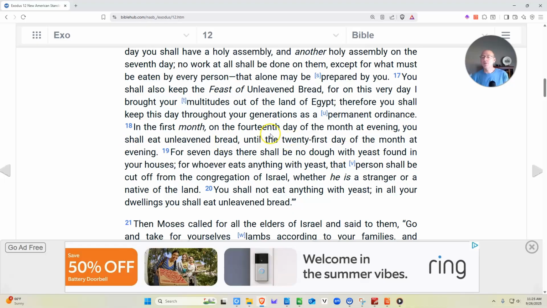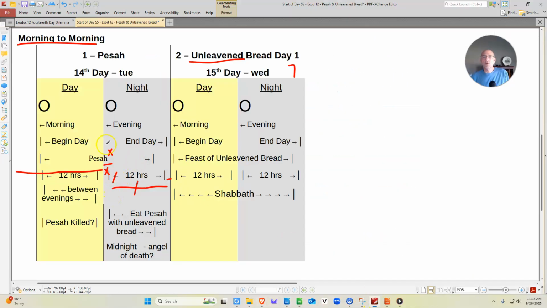If you are following on this spreadsheet, on this illustration, we are going to start at evening on the 14th day. Now, we didn't say the day started there. The day started back here. But the evening on the 14th taking place here is the first time we will eat unleavened bread.